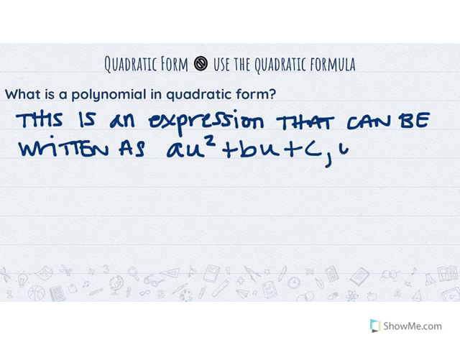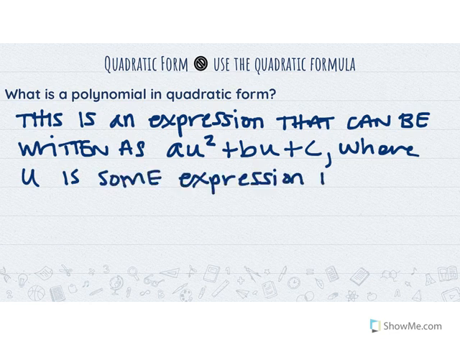So this is technically where u is some expression in x. This is an expression that can be written as A times u to the second power plus B u plus C. Okay, so we're going to be working with these different examples here, and let's head over to our first example.